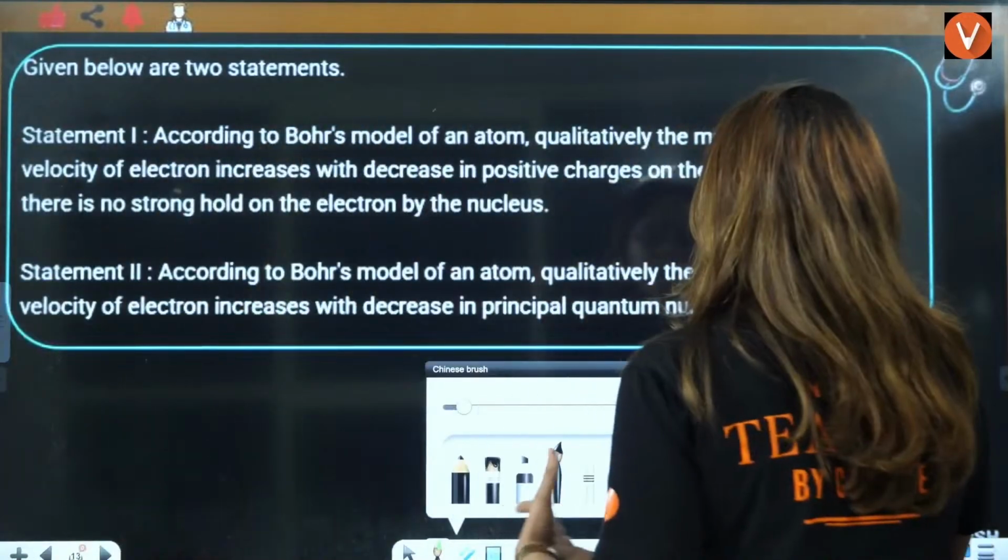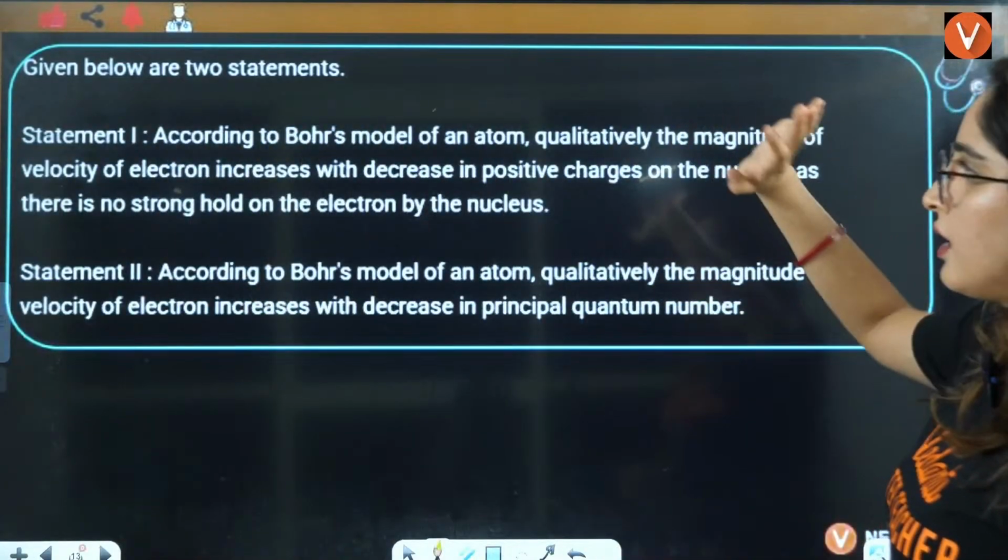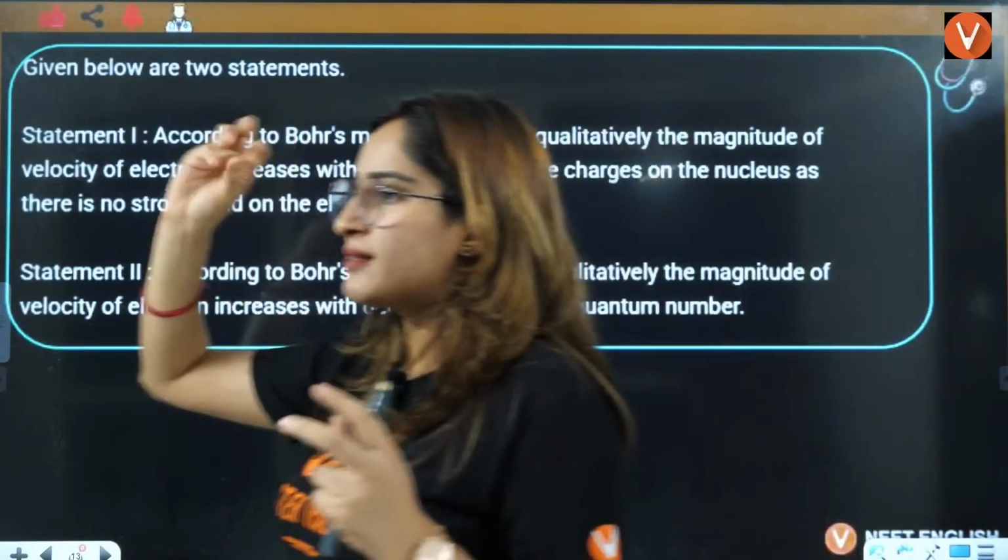Now, statement based questions that they can ask you. Two statements are given to you. You have to answer which of the following is correct.